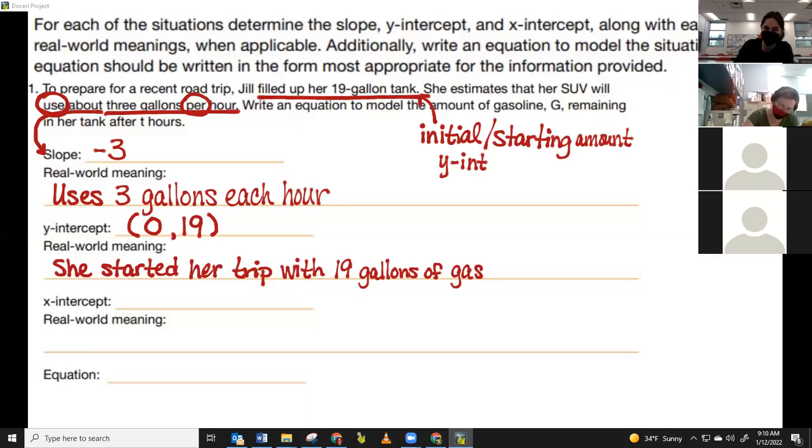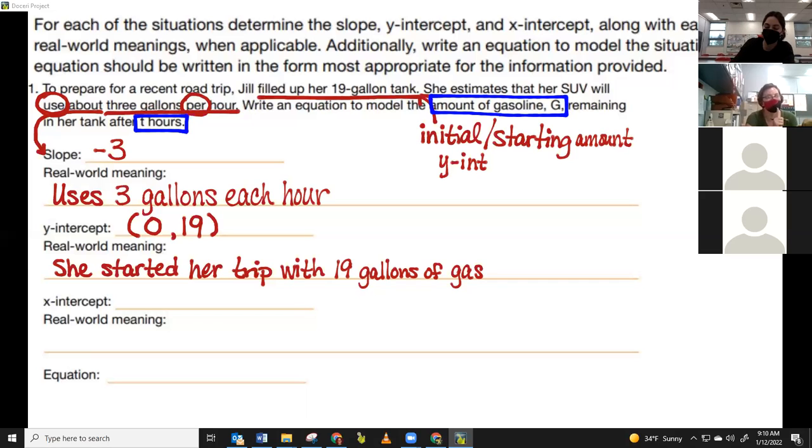G and T. And what does the G mean? G is for gasoline. Amount of gasoline is G. And then what does the T mean? Hours. Yes. T is hours.